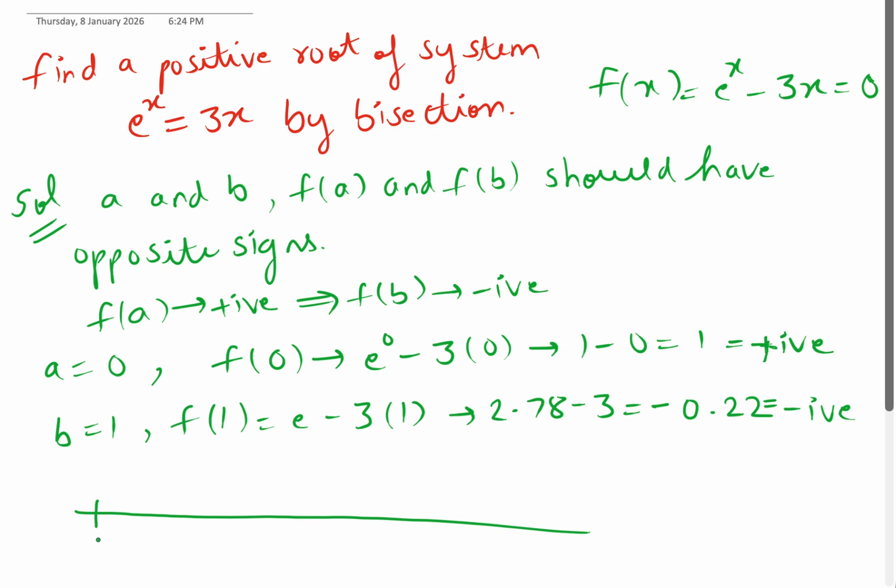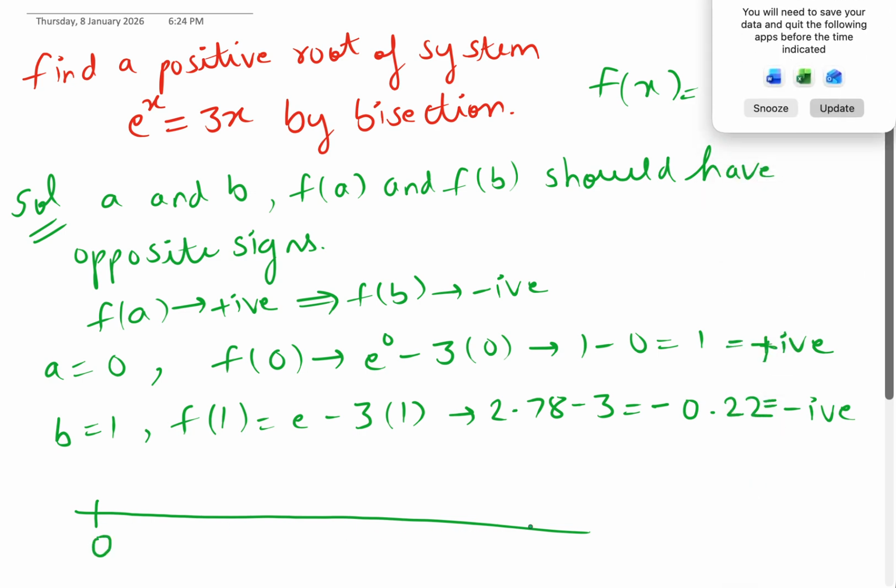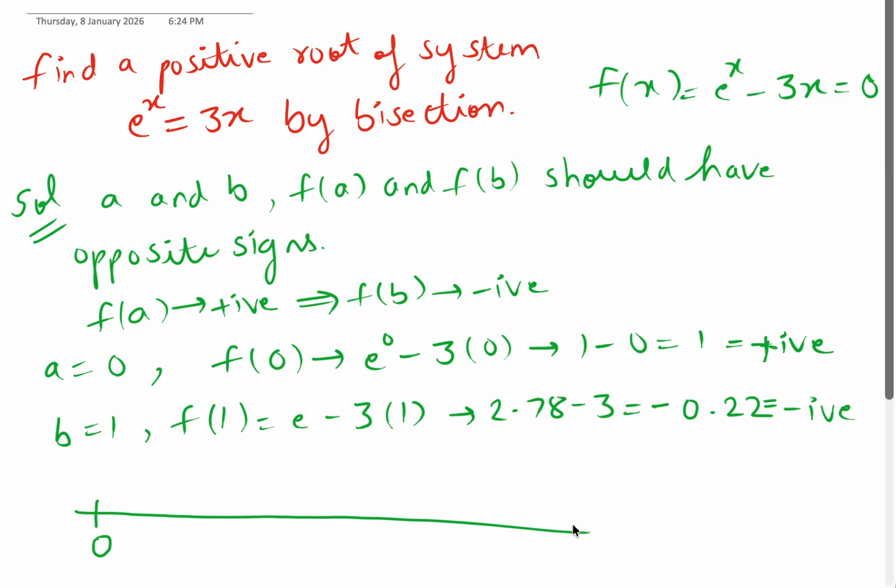Let's say this is 0 and this is 1. So f(1) is negative 0.22, and this is 1 only.